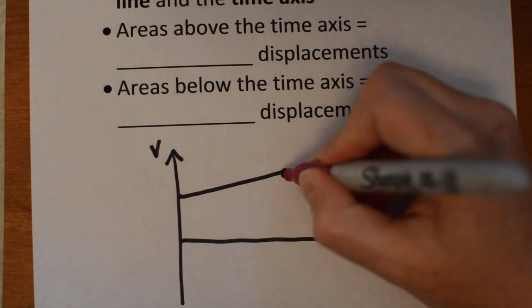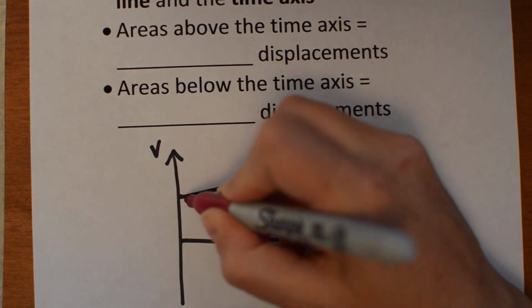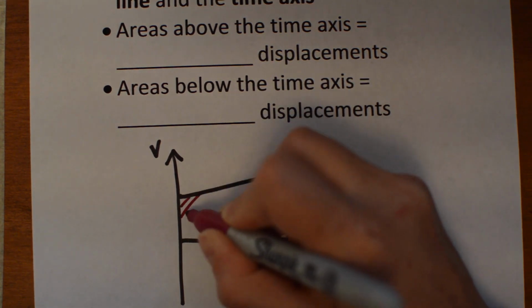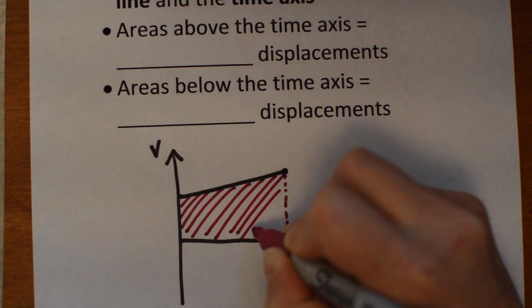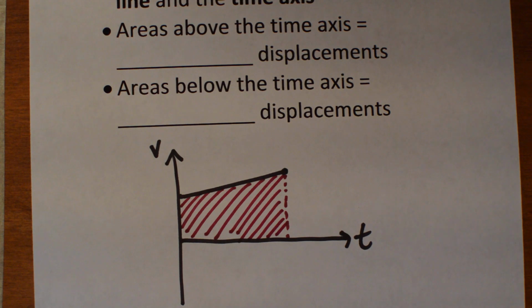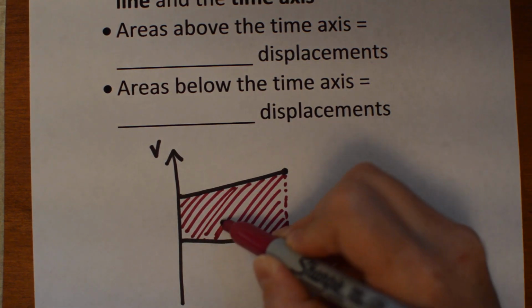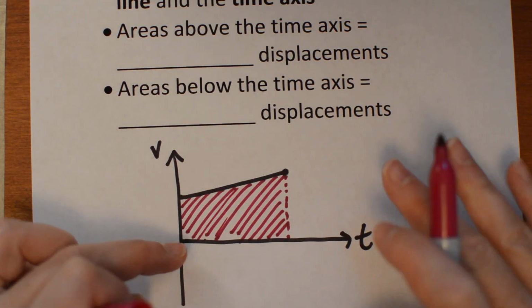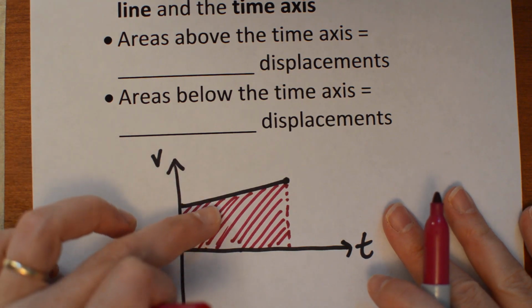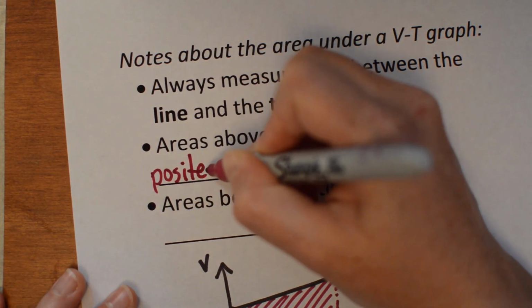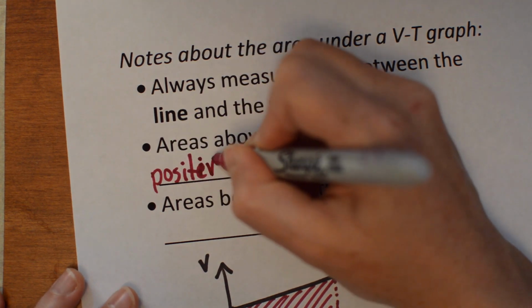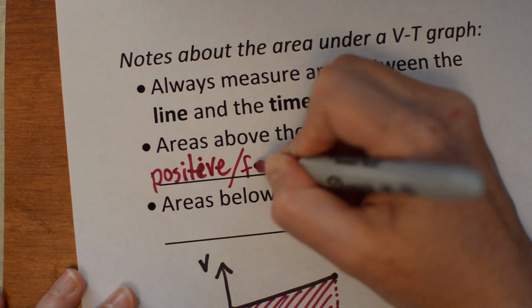You want to find the area all the way down from your velocity line, all the way down to the time axis, that whole area in there. In this case, that area is above the time axis. If you see an area that's above the time axis, that's a positive or a forward displacement.